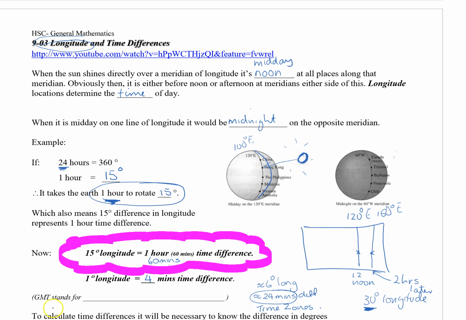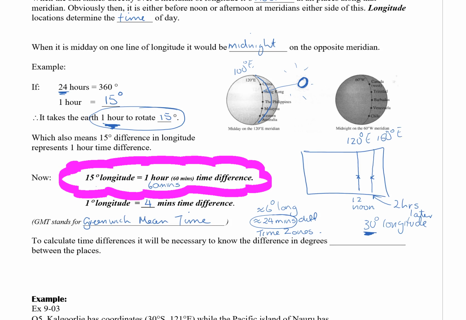Another thing you need to be aware of is GMT, which stands for Greenwich Mean Time, and it's just referring to the time in Greenwich and comparing the time in other places compared to Greenwich.